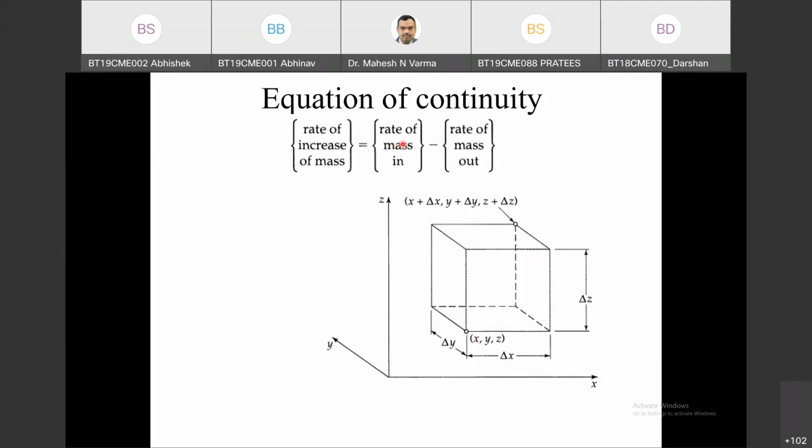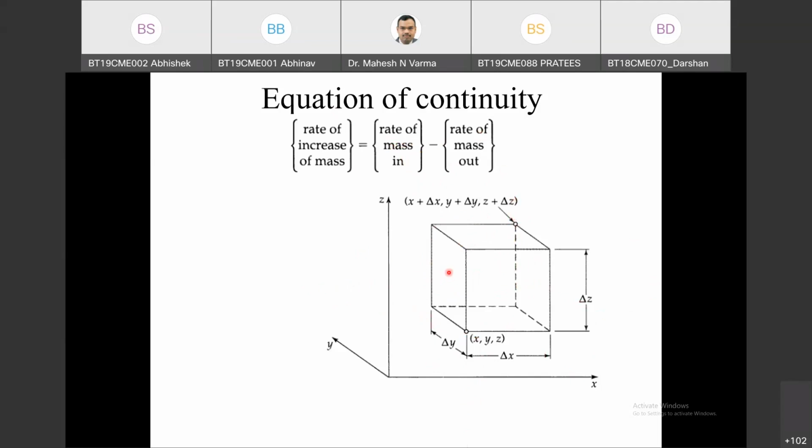I want to discuss the rate of mass coming into this control volume in all three directions: rate of mass coming in X, Y and Z direction, minus rate of mass going out in X, Y and Z direction.